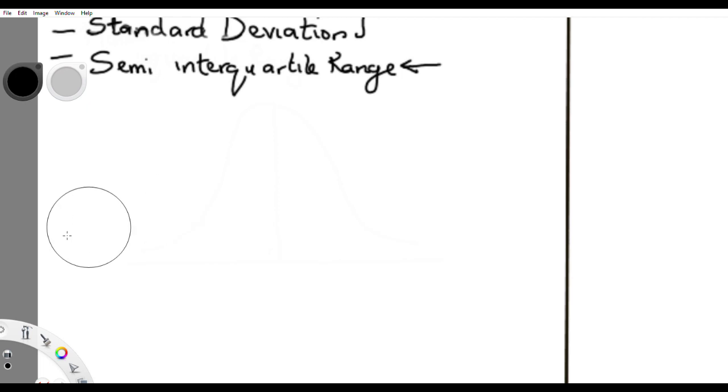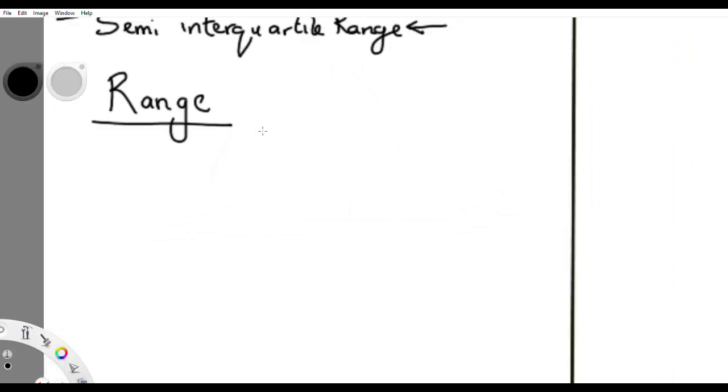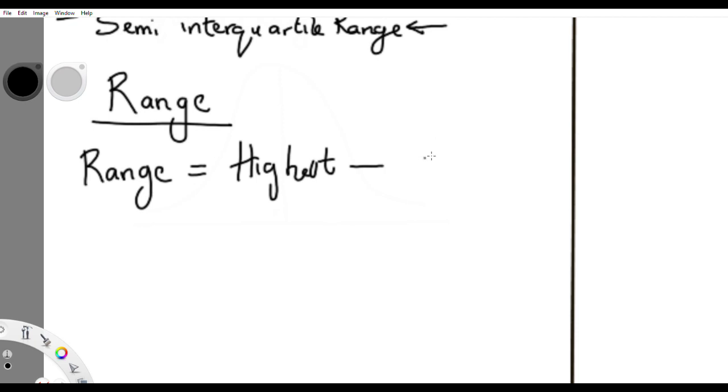So with that understanding, I'd like us to go into the calculation. Starting with range, which is actually the simplest of them all. Very simple. And how do you calculate it? Just pick the highest value in the distribution, then subtract the lowest from it.